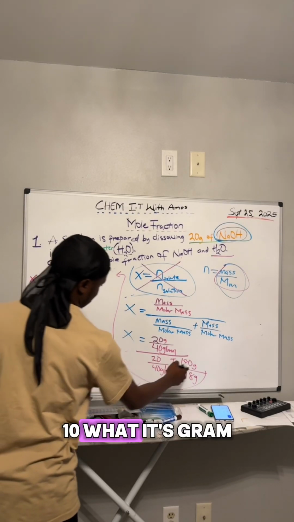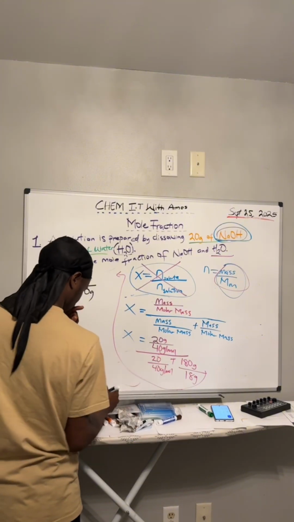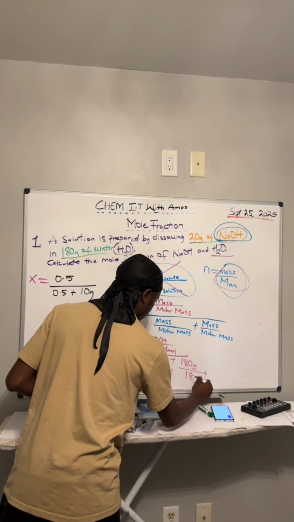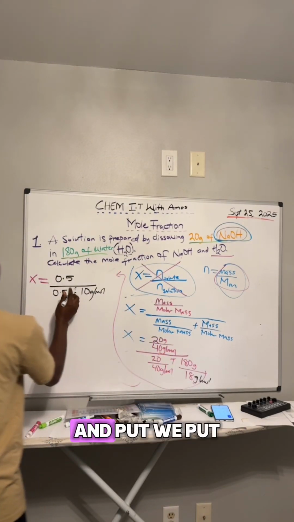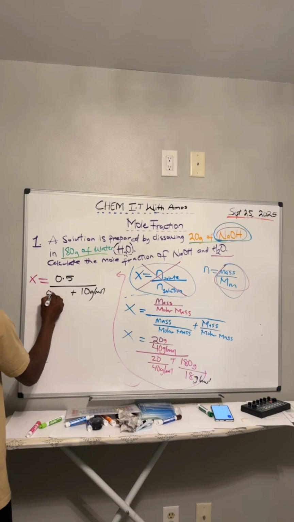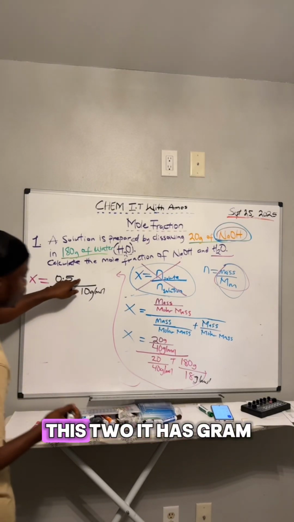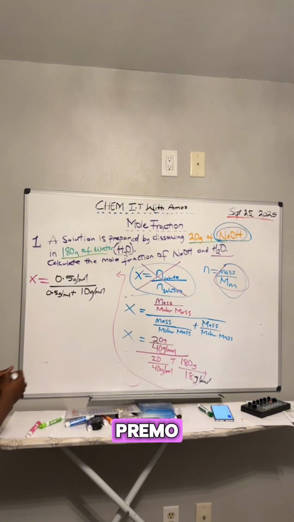10 what? Is gram, right? So we put gram. Here is what? Here is gram per mole. So we put gram per mole. And we put 0.5 gram per mole. Right? So this two, it has gram per mole.